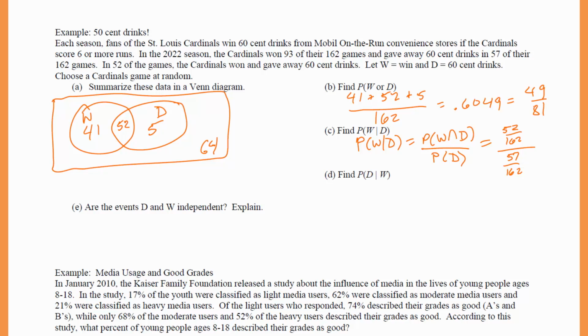So that's 52 out of the 57. This is the same as 52 out of 162 divided by 57 out of 162, if you flip the fraction on the bottom and multiply by the reciprocal. So all you need to do is either reduce that fraction or find a decimal for it, and you'll get 0.912.